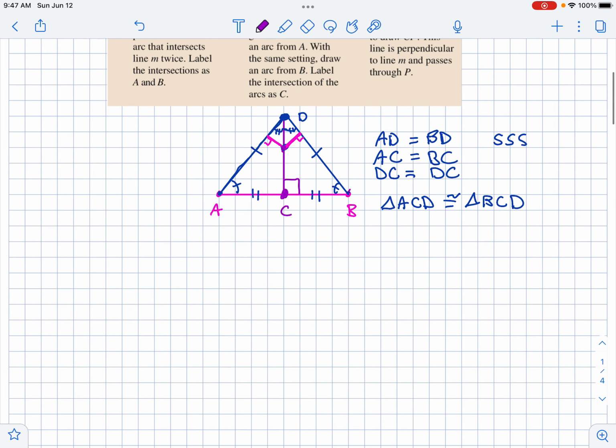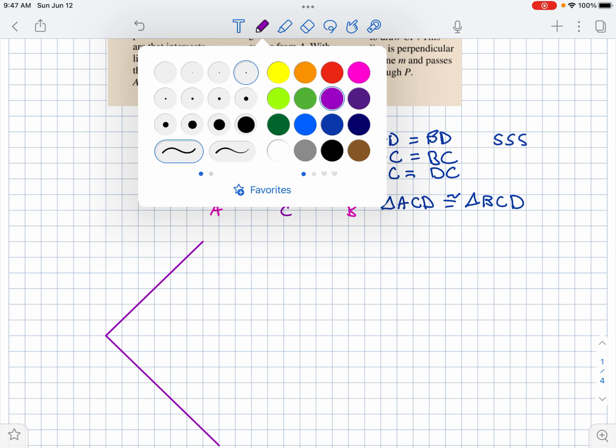Now, you could also have a bisector of an angle. So let's just draw an angle here. Okay, here's an angle, and here's another angle. Well, now let's suppose that I have a bisector.